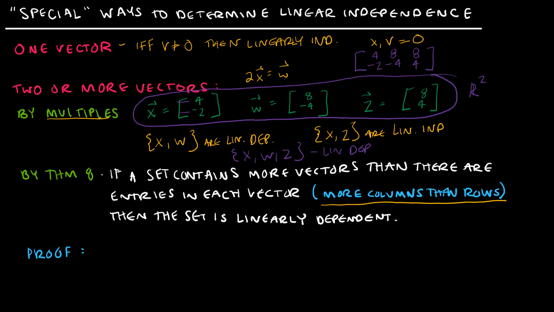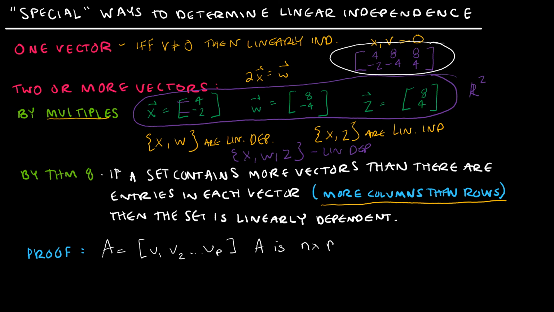So let's take a look at a proof of that, and this is not a very formal proof. This is just kind of reasoning through. If A is the matrix of v1, v2, however many vectors I have, then A is n by p. So those are the dimensions, n by p.